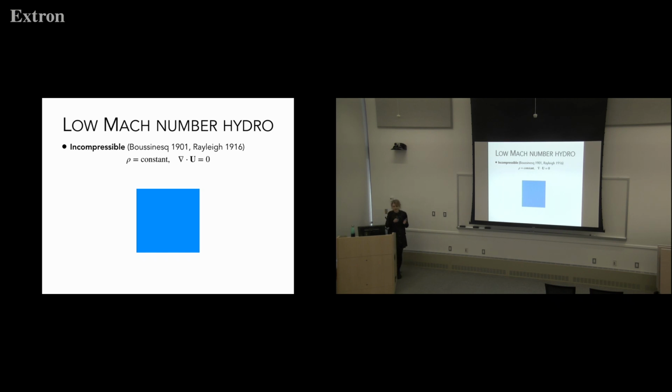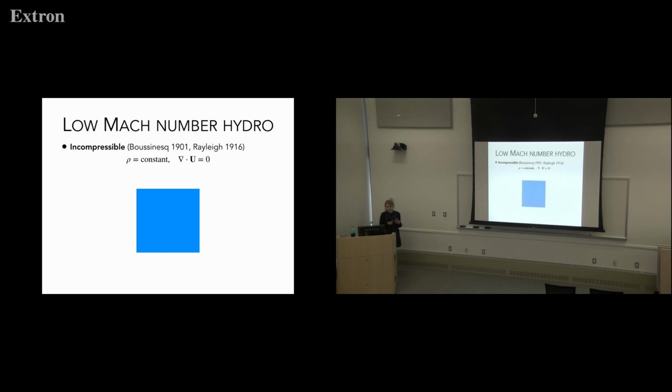As a result, this means divergence of your velocity of your fluid goes to 0, and all of your sound waves are essentially at infinite speed. So this is filtering out all the sound waves by making them infinite, but it means you can then use much larger time steps. So this is great, but if you are trying to model an atmosphere, then you might have a gradient in your background.